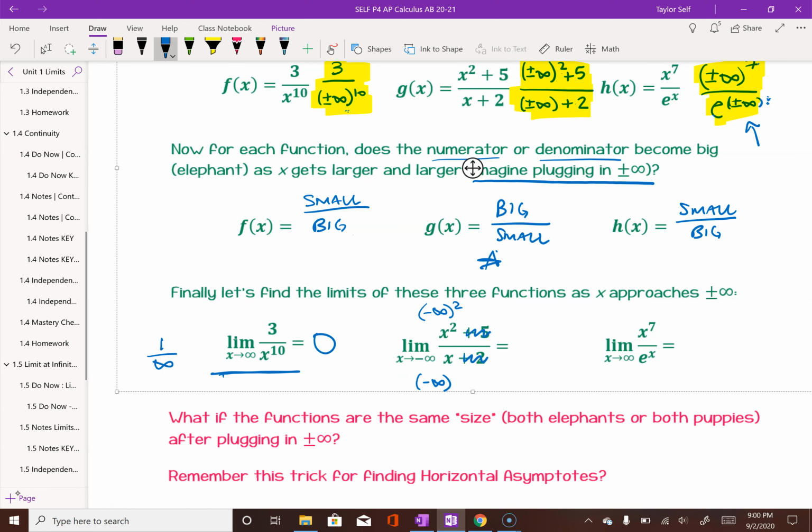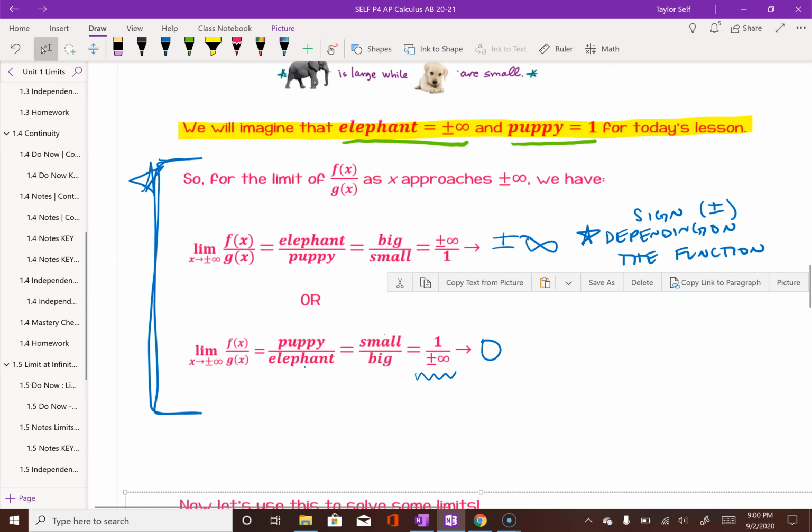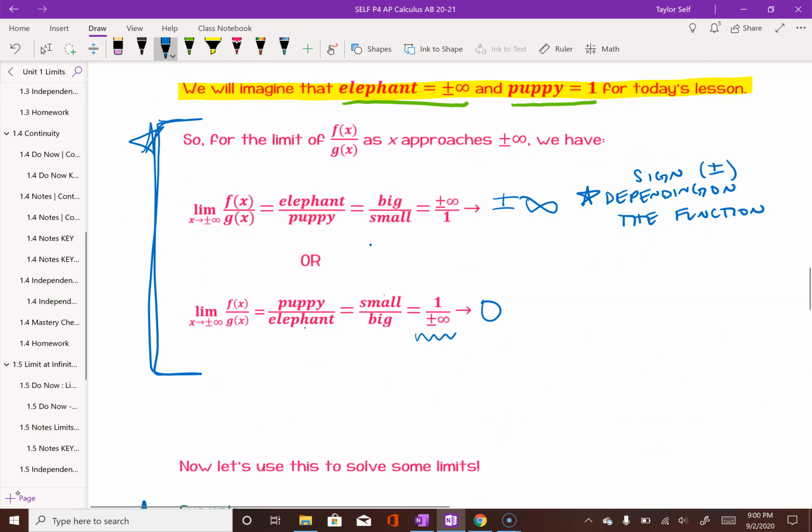This is negative infinity squared. The negative turns positive, so you get basically infinity over negative infinity, which is a positive over negative, so this has to be negative infinity. Again, because it's big over small, your limit has to be plus or minus infinity.